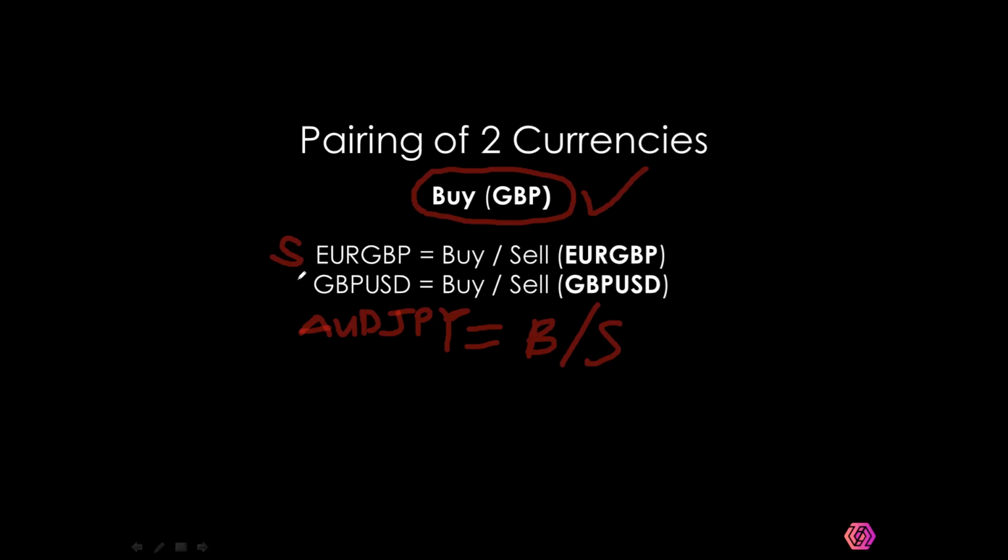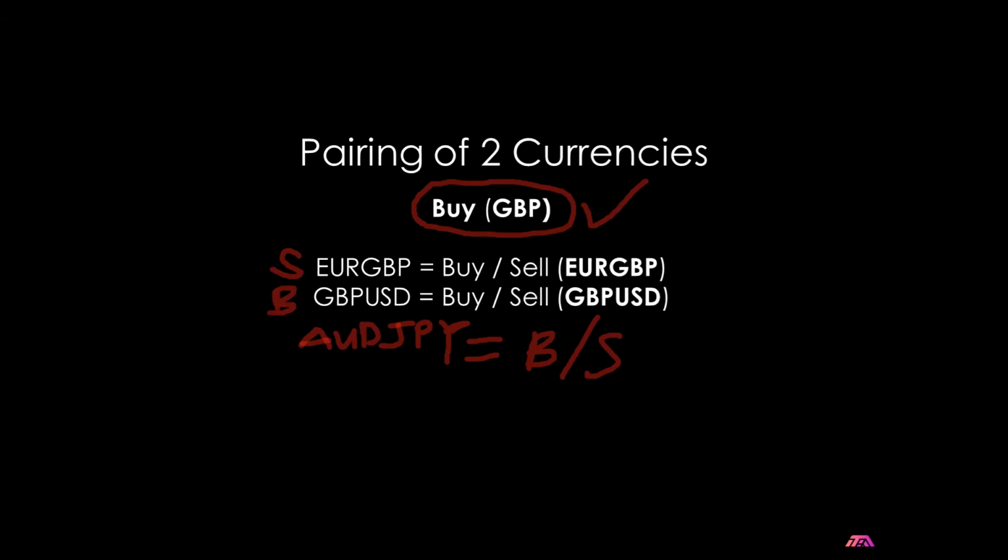Now for the third one, let me just put buy here in front of this one. For the third one, AUD JPY, what are we clicking on? Are we clicking on buy or are we clicking on sell? What's your answer to the third one? Let's know so that we can help everybody out.